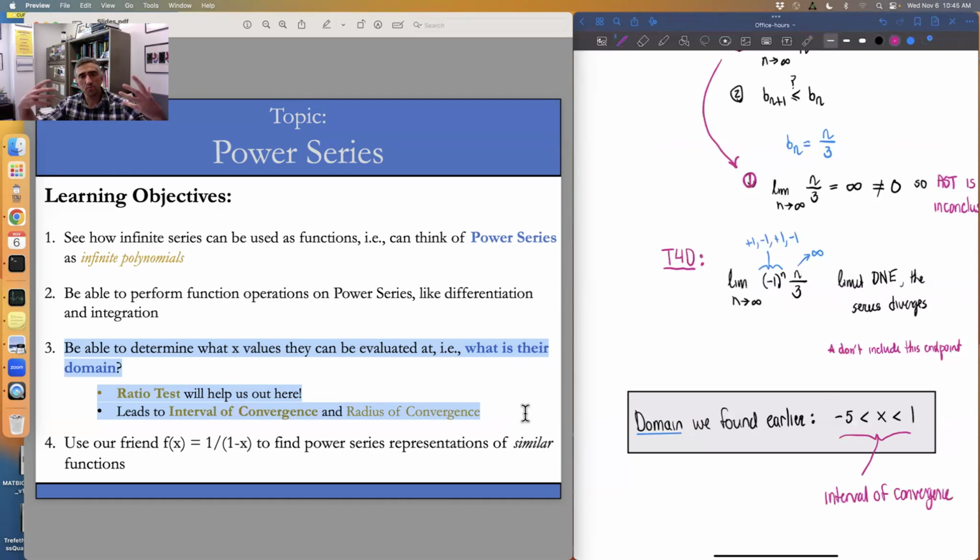In this case, it's just x values greater than -5 but less than 1. In other problems, however, you might include one or both of the endpoints. It's just in this particular example, we don't include either. So we really have to test the endpoints for each power series that falls into case 3 when we're trying to figure out their domain.